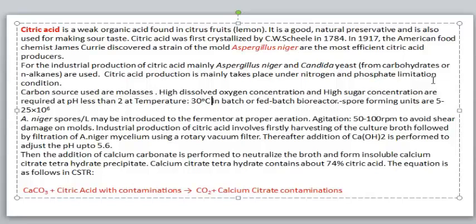Temperature is 30 degrees in batch culture or fed-batch culture. Thereafter, all the conditions are as usual. Agitation will be 50 to 100 RPM to avoid shearing or damage.